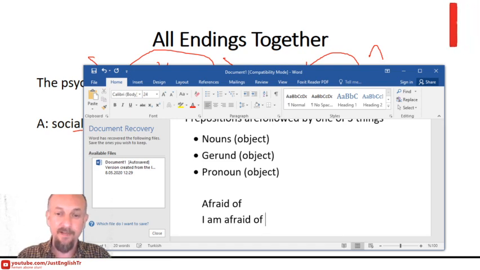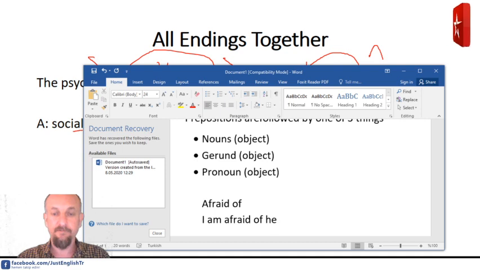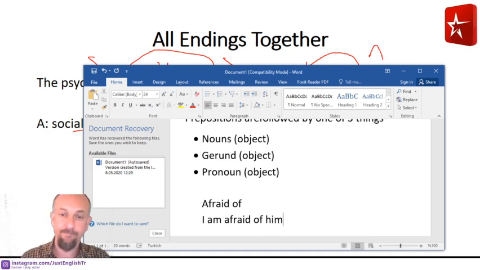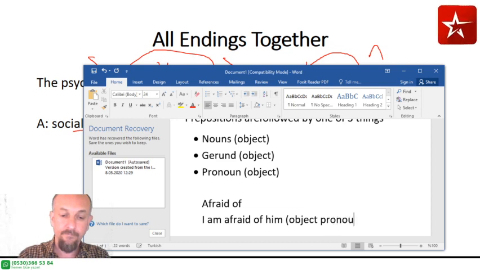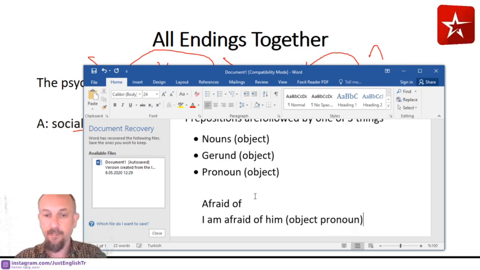So we can't say I'm afraid of he, for example. That would be wrong. But we can say I'm afraid of him, because him here is an object pronoun. He is not possible because he is a subject pronoun.